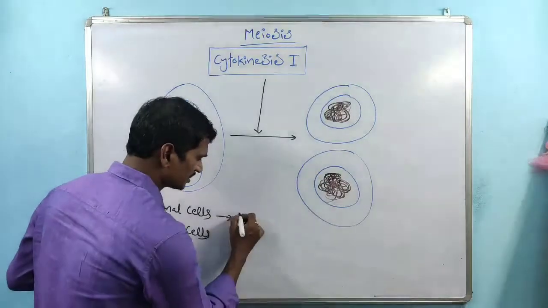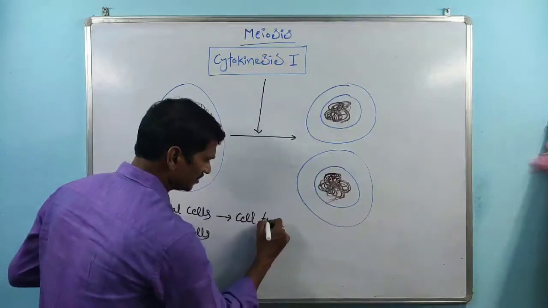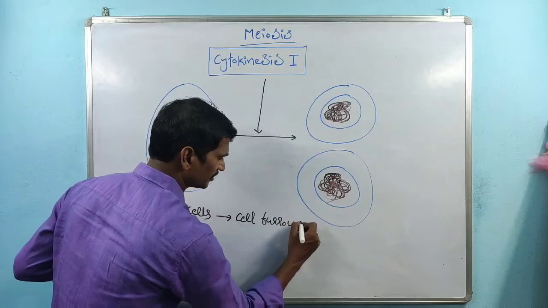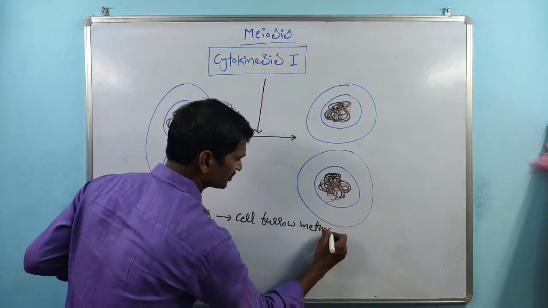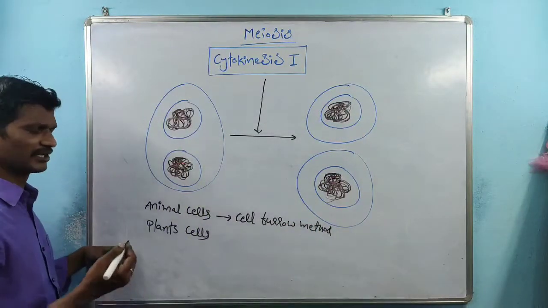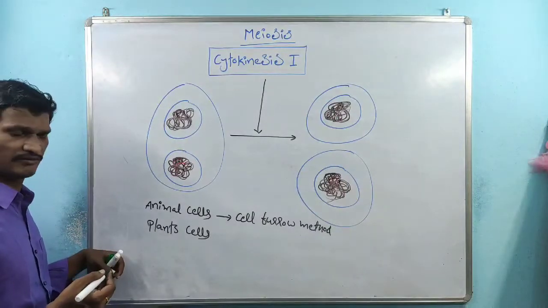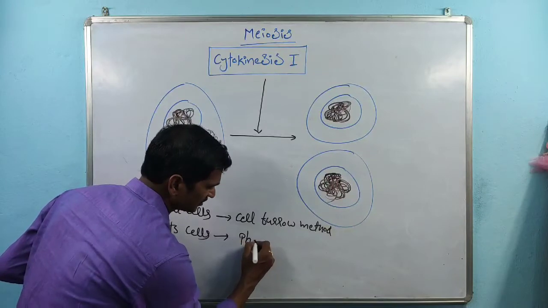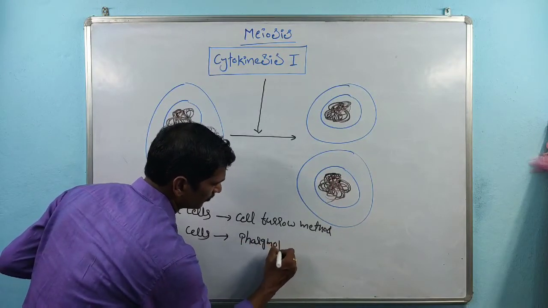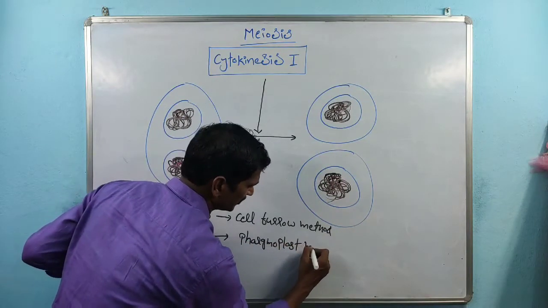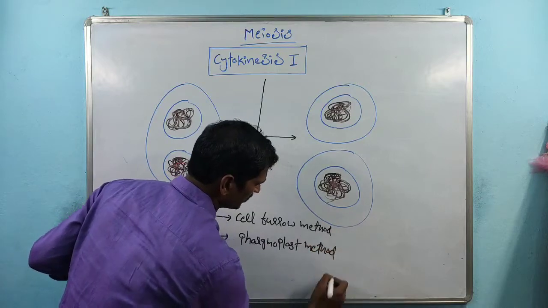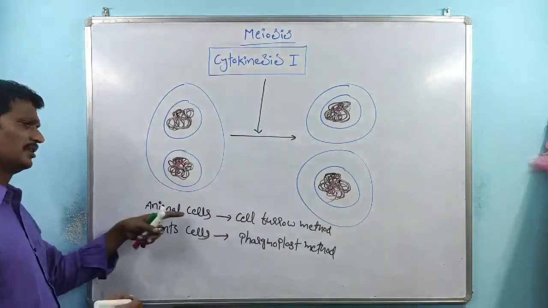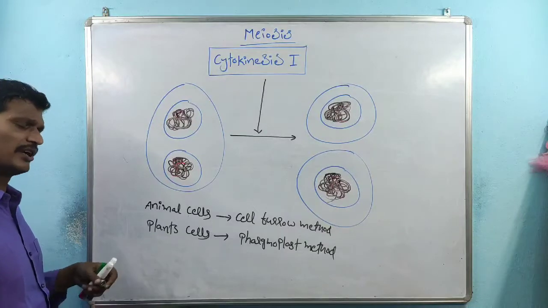Within animal cells, the method is called the cell furrow method. Within plant cells, the method is called the phragmoplast method.